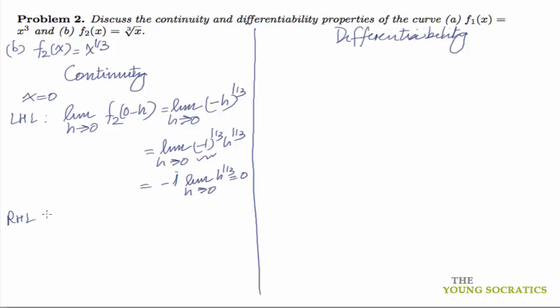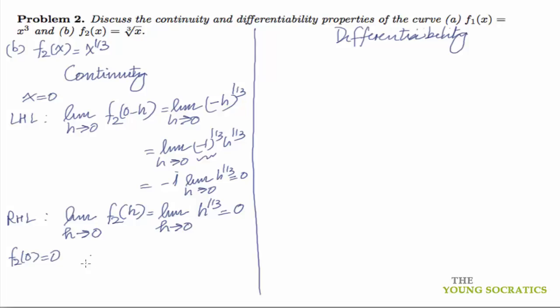The right hand limit will be the limit as h tends to 0 of f2(h), which is the limit as h goes to 0 of h^(1/3), and again this is 0. And the value of the function is 0 at that point, that is f2(0) is 0.